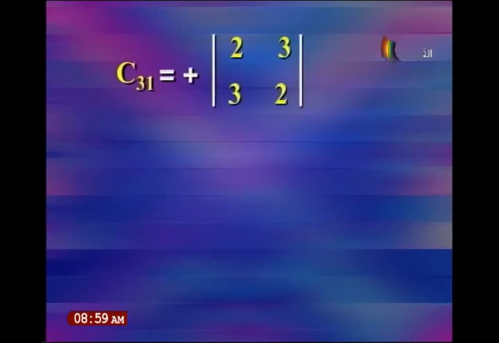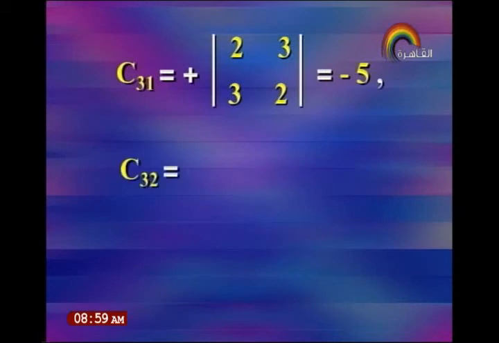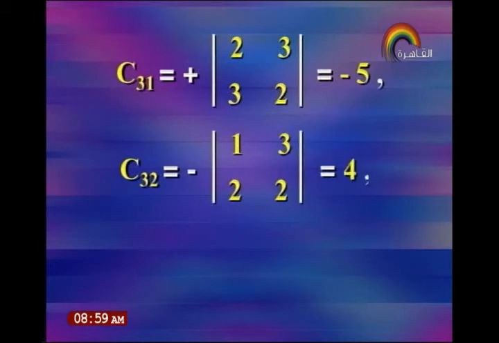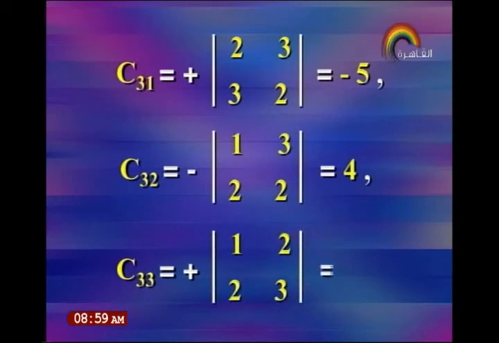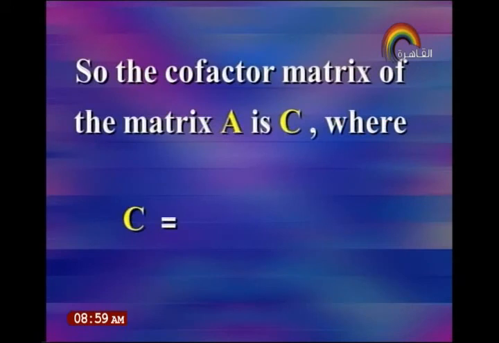After that, find C31 by the same method equals -5, C32, negative determinant equals 4, C33 means remove the third row and third column and find the remaining determinant. Answer is -1. After that, we write the cofactor matrix.